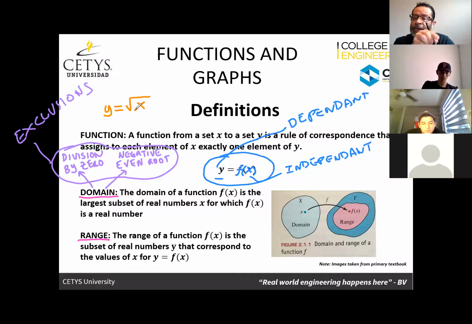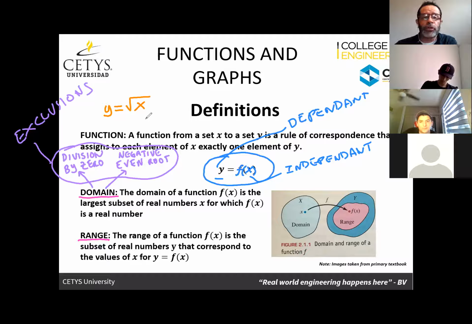Let's say that X equals -2, and I substitute this here, I'm going to get the square root of -2. That, by the way, is a number, but it's an imaginary number. We're only focusing on real numbers. So I ask the question again, can X have a negative value?